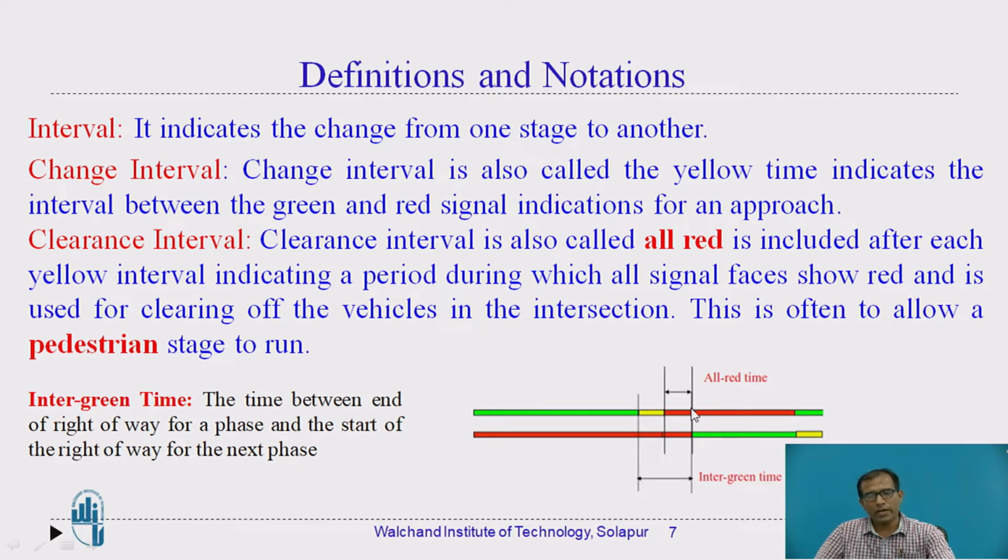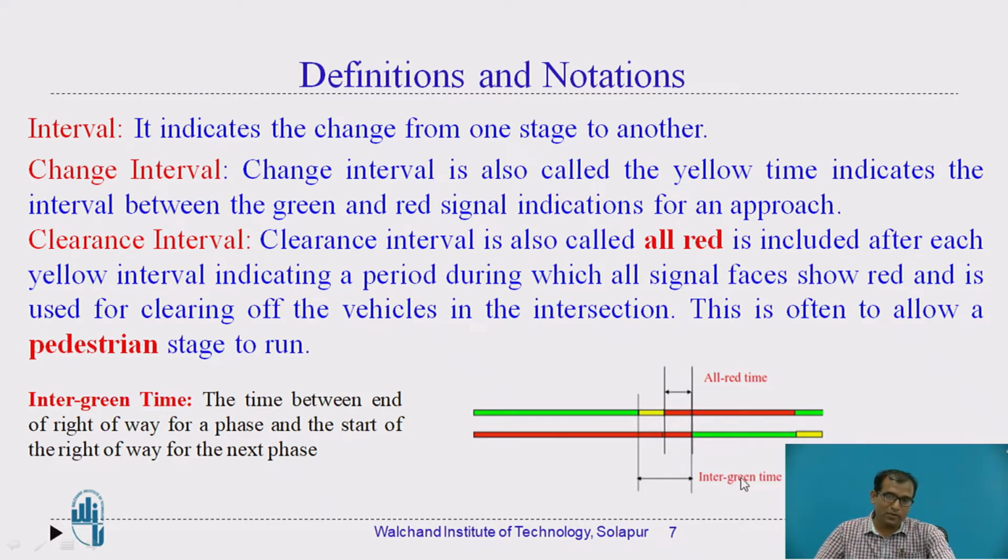The all red is used for clearing pedestrians and emergency vehicles, and if a vehicle continued through the yellow phase and is still at the middle of the junction or at the dilemma location and has not cleared, we can use this all red time to clear that vehicle. Once all the clearance is done, then we can give the green for the next leg. Otherwise you may end up with an accident.